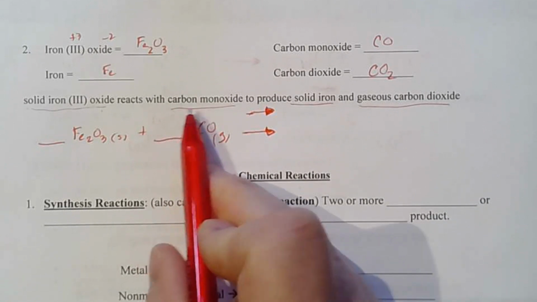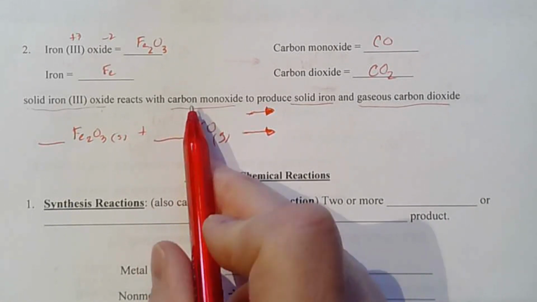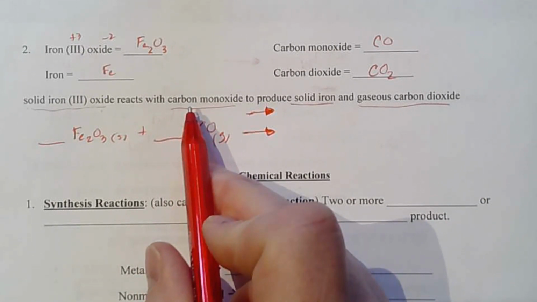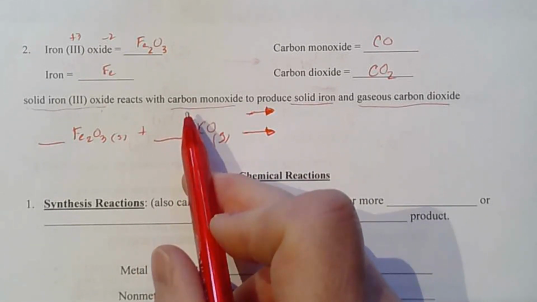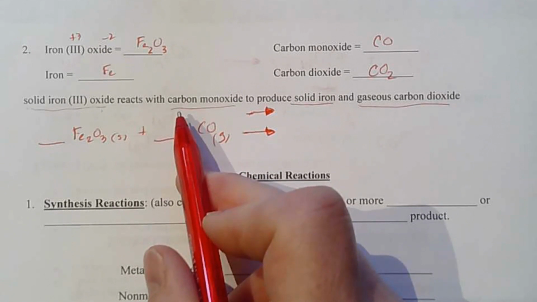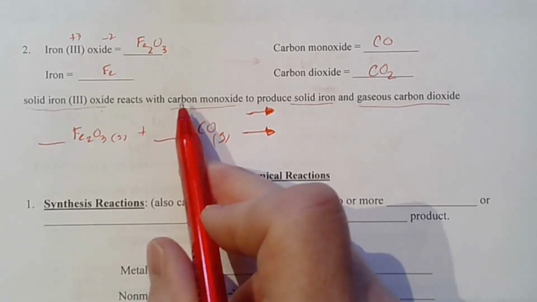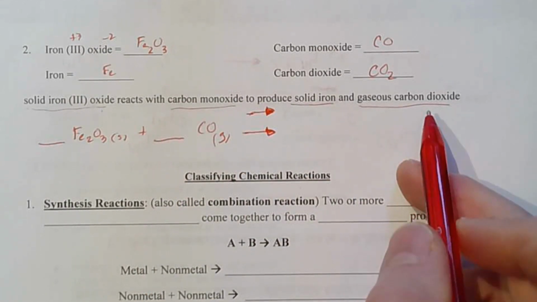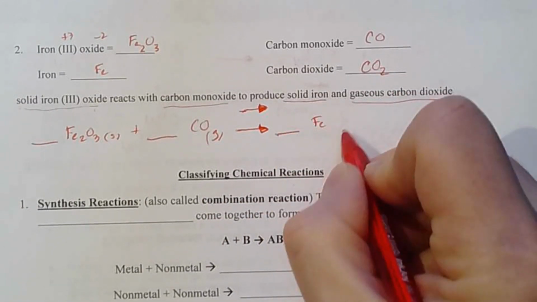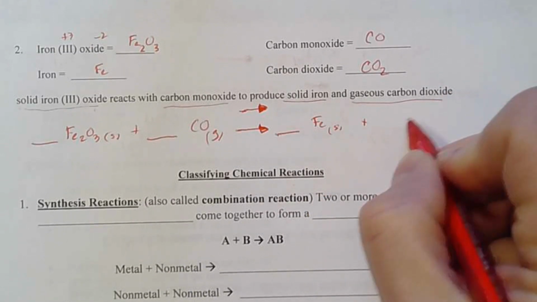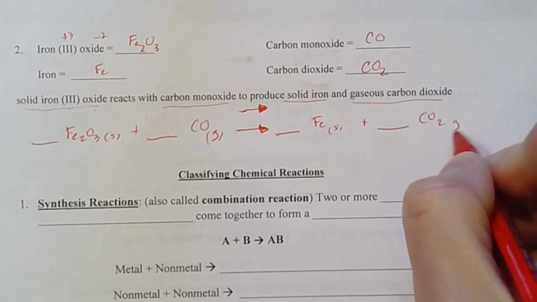This one I probably just need to update, say gaseous, but hopefully you would know that at room temperature, which unless specified elsewhere we assume, both carbon monoxide and carbon dioxide would be gases. Solid iron over here, and gaseous carbon dioxide.